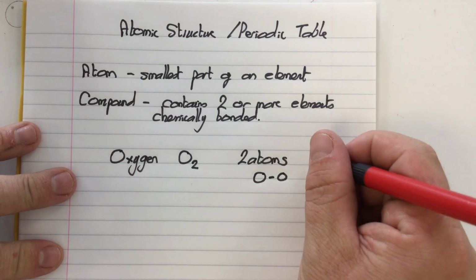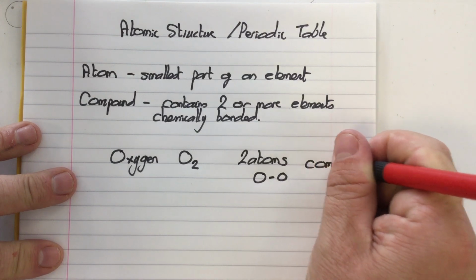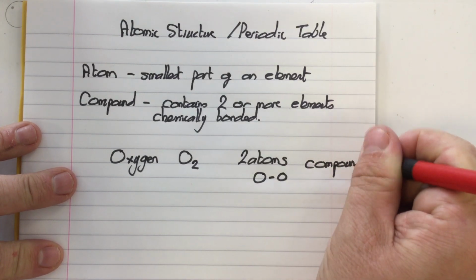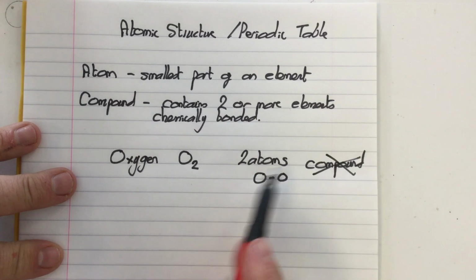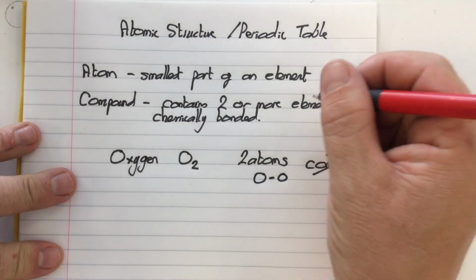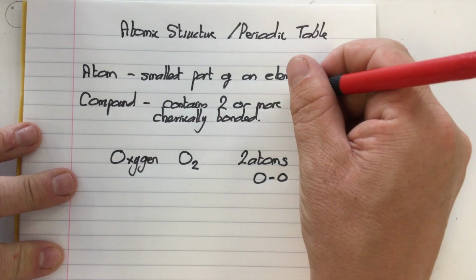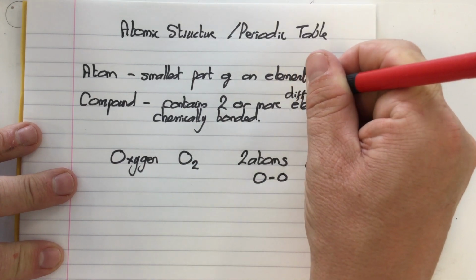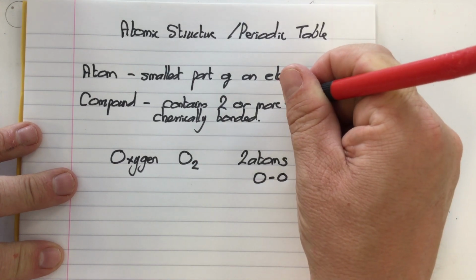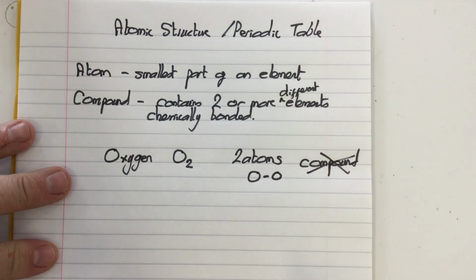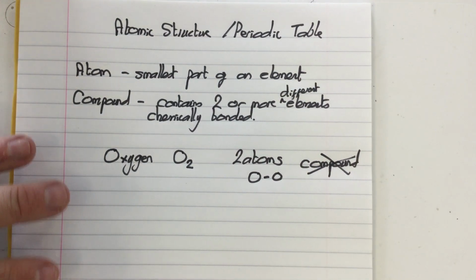That is not a compound, because it hasn't got two or more elements bonded together, because they need to be different, which I should have mentioned before. Okay, so these are the same, so therefore it can't be a compound.